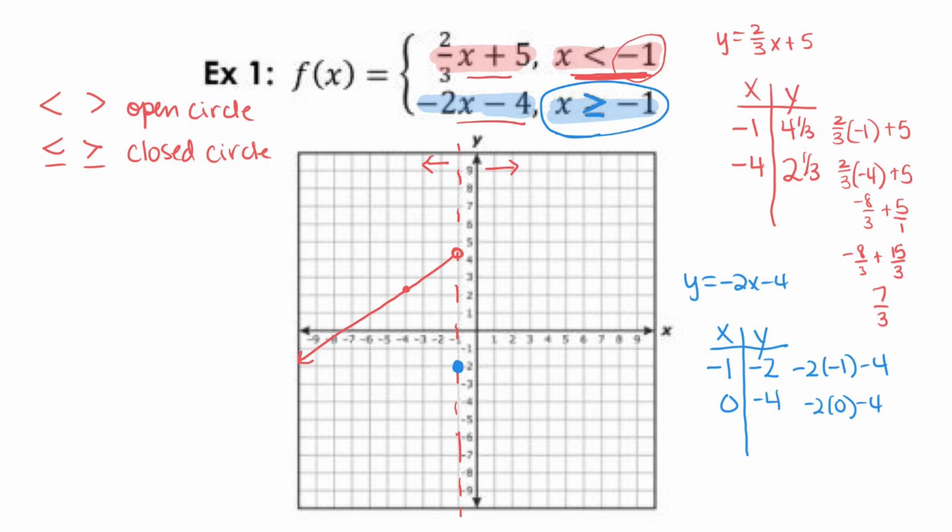And then 0, -4 would be right here. When I connect those dots, I'm going to draw an arrow because it's everything on that right side. And this would be your graph. I would go ahead and erase the dotted line once you're done graphing. That just represents that boundary so that you could see each side of it.